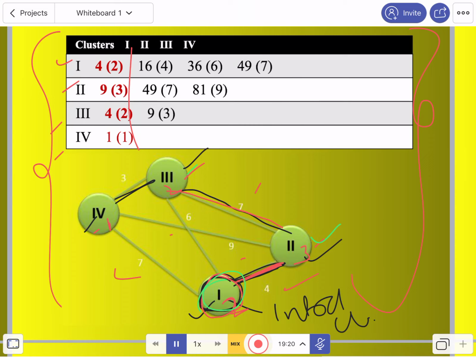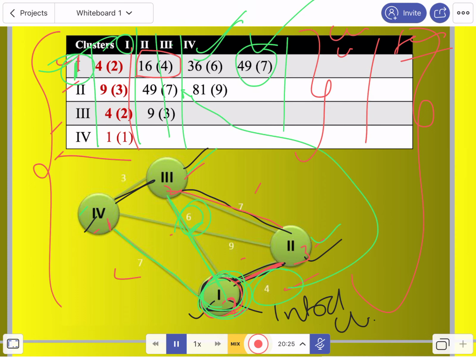Now after the construction of this cluster diagram, we have to arrange the clusters and determine which one is the closest cluster and which is the farthest cluster. Here cluster 1 is closest to cluster 2. The minimum value is 16, and the farthest cluster is 49. We know that the greater the distance between two clusters, the greater is the divergence.